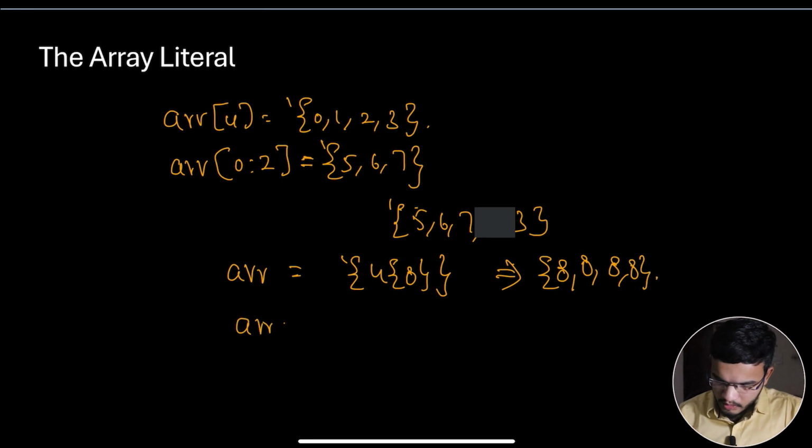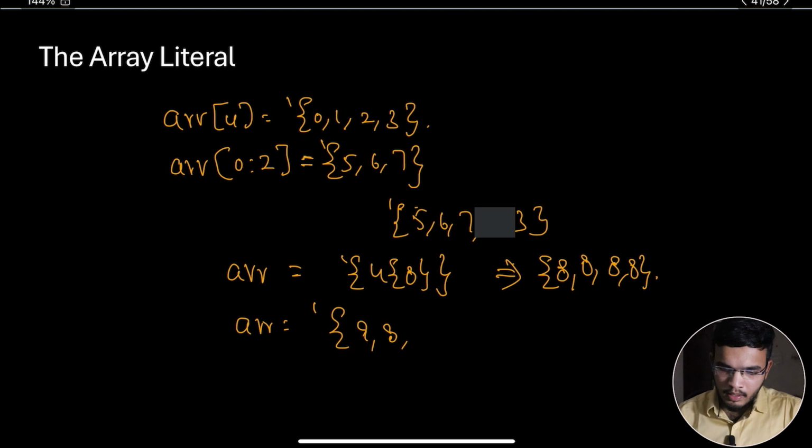And if you want all the values to be a default value, then in such a case, let's say I want 9 and 8, then default -1.